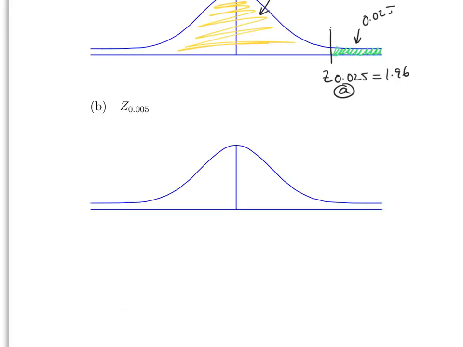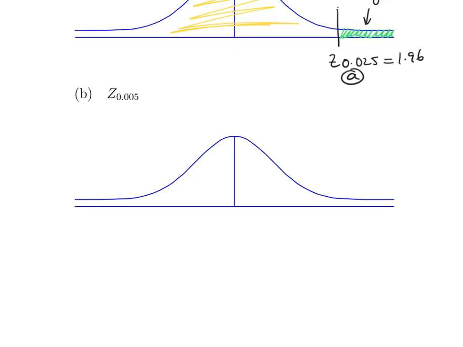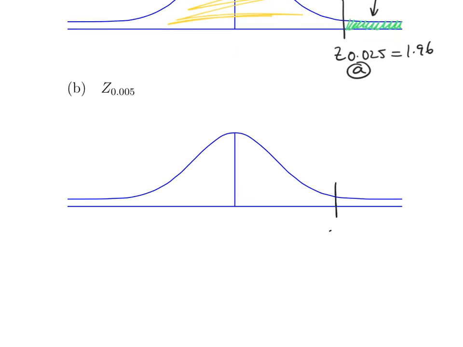So what is the area you have to the right? 0.005. So remember the green area, or the area to the right, is going to be 0.005. Okay?